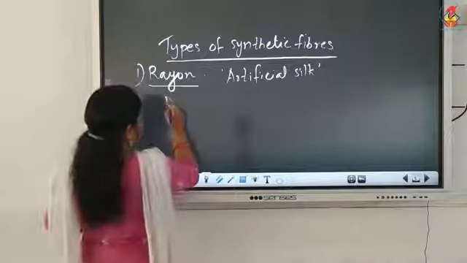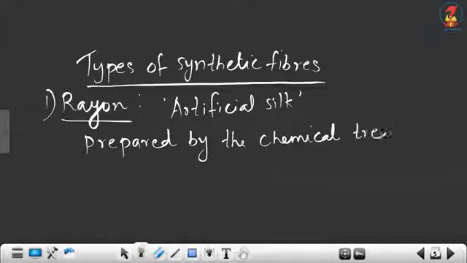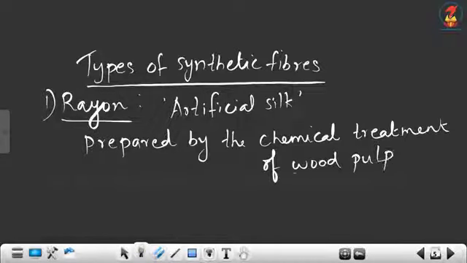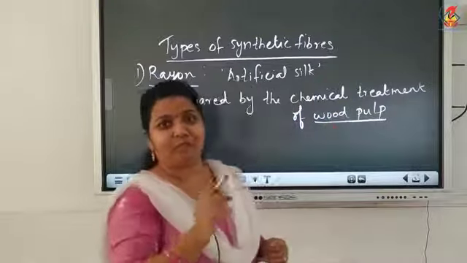Now it is prepared by the chemical treatment of wood pulp. Please note, it is prepared by the chemical treatment of wood pulp. The method is chemical, but the raw material used is from plants.